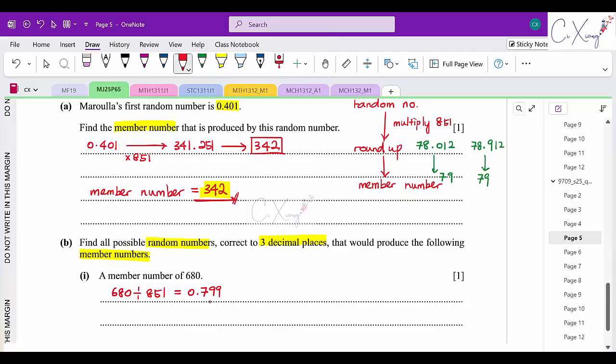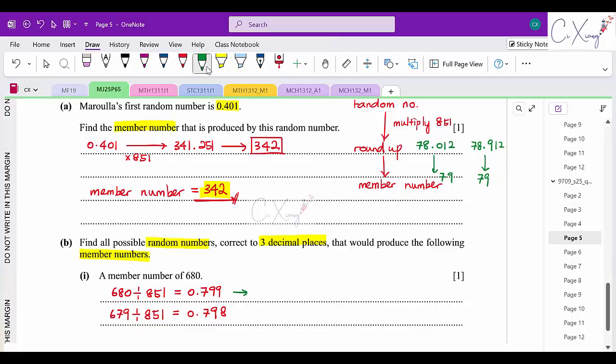And then I want to figure out, if I take 679 divided by 851, what do I get? You take 679 divided by 851, then I get 0.798. Then I double check the answer.